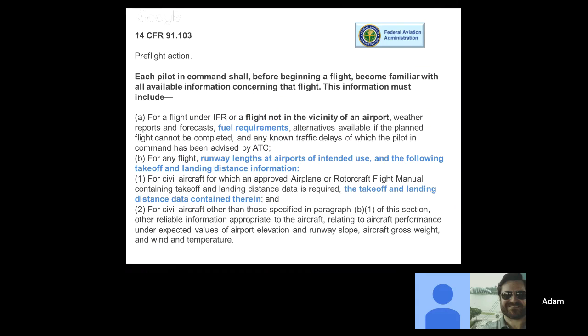And then finally, it goes on to talk a little bit about helicopter requirements over and above fixed wing requirements. But then it also states that for civil aircraft other than those specified in B1, you have to become familiar with aircraft performance, airport elevation, runway slope, aircraft gross weight, wind, and temperature.